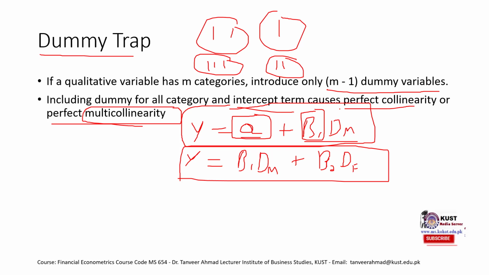We are normally interested in this case where it gives us the differential coefficients, the difference from moving from one category to another category. So we have discussed this: either exclude intercept term or create one less dummy variable.